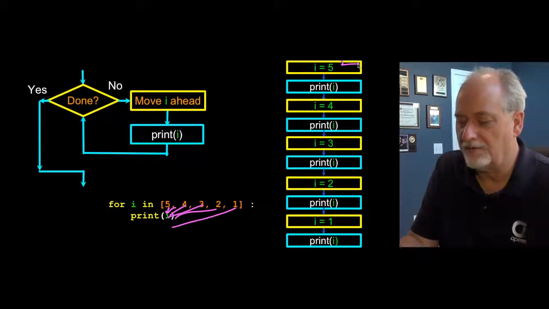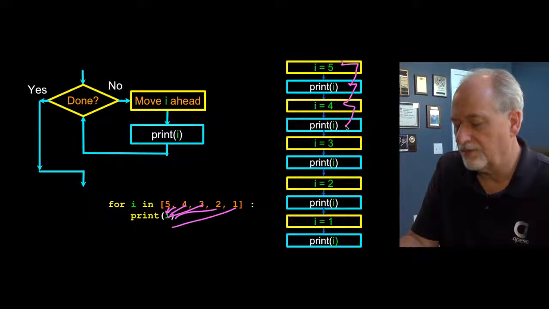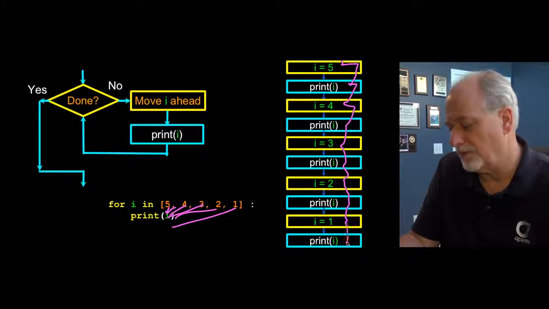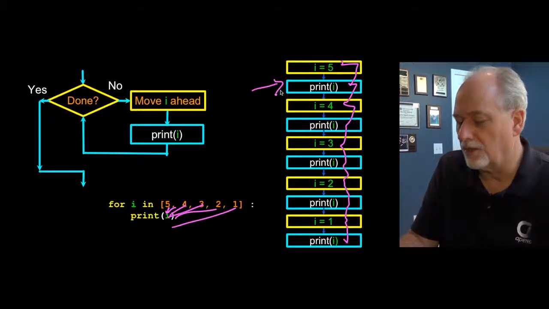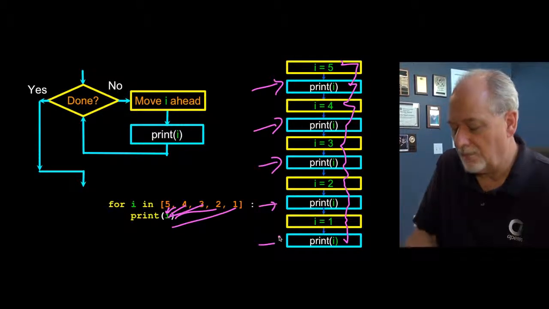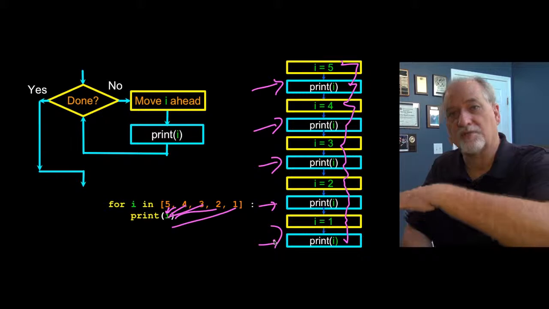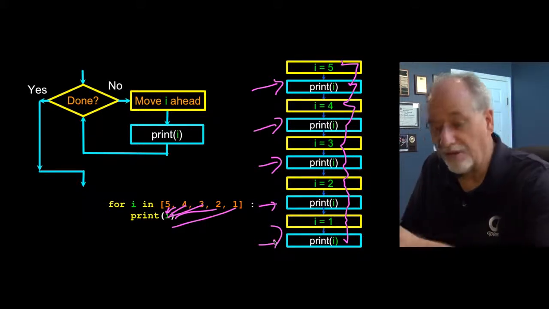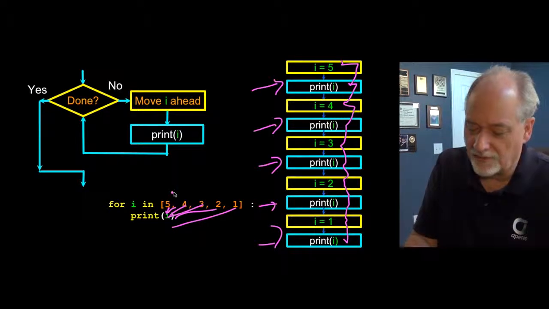So you could imagine this might be what's going on. The for loop sets i to 5, runs our code. The for loop sets i to 4, runs our code. Sets i to 3, runs our code. Sets i to 2, runs our code. Sets i to 1, and runs our code. All we know is our code was run 5 times, and by contract, each successive time we get a different value for i, and the value for i is taken from this set.